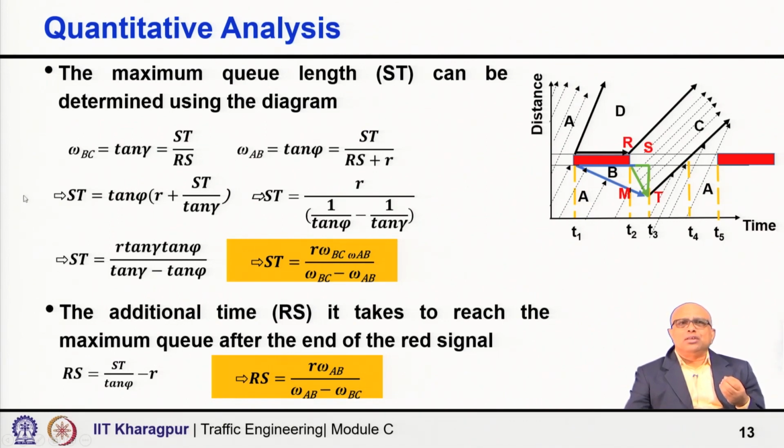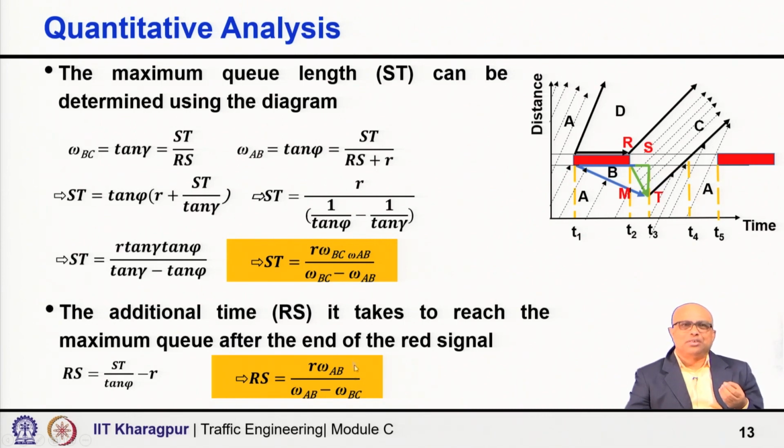So, you can calculate the St values and also the additional time Rs, that means once the signal becomes green, how much time after that it will take to reach the maximum queue after the end of the red signal. That Rs also can be calculated using this equation, knowing all the other values.